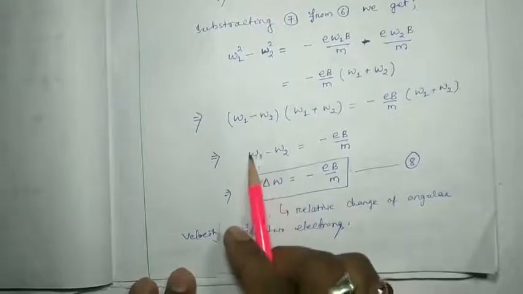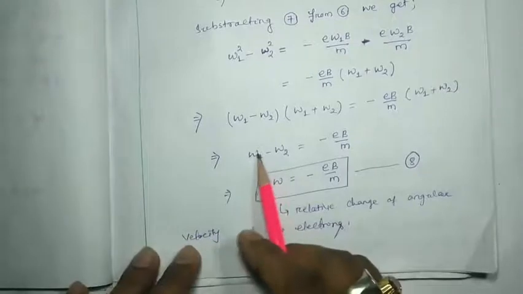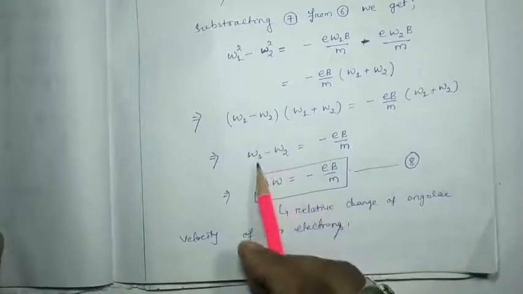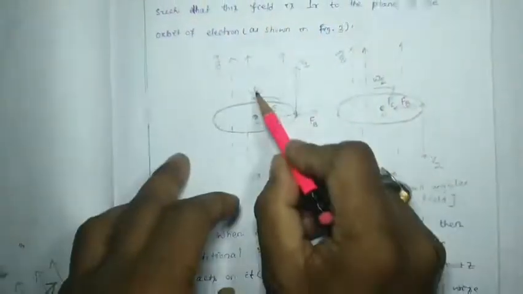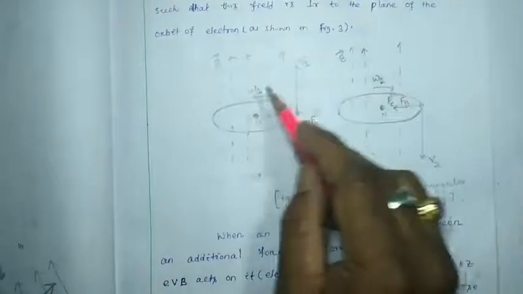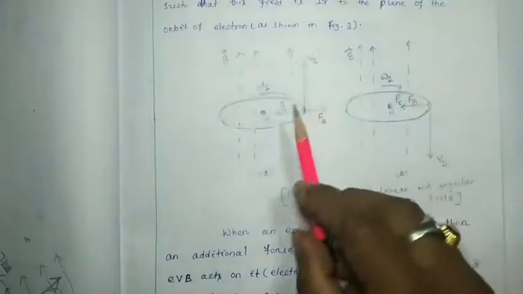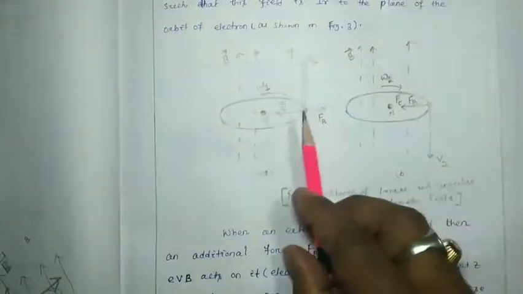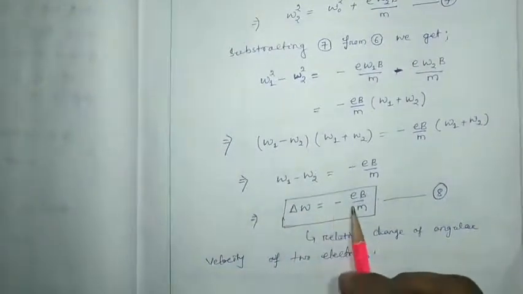This is omega 1, the angular velocity of electron 1 after applying the magnetic field, and this is omega 2, the angular velocity of electron 2 after applying the magnetic field. The relative change of angular velocity from 1 to 2 is omega 1 minus omega 2, or del omega, which is nothing but minus eB by m.